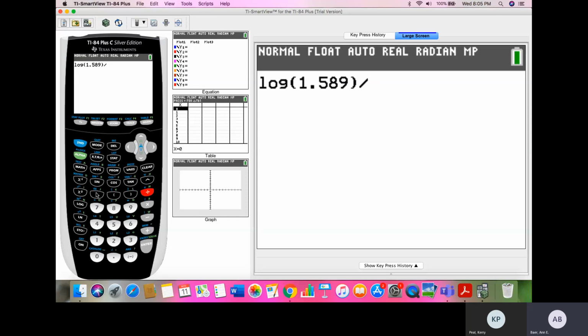So we've got a parenthesis, 2 log, LOG, 1.043, and you notice a parenthesis was just automatically placed on the screen.